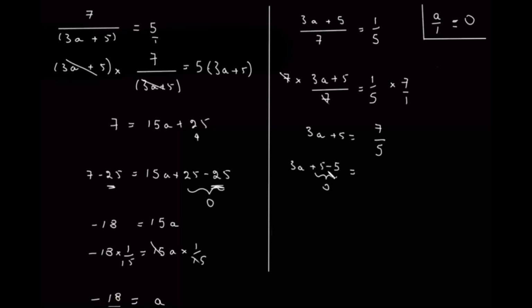Now, because we subtracted 5 from the left, we must subtract 5 from the right. So now we've got 3A equals, now if I do this here, all over the 5, there's the 7, there's the minus, 5 5s are 25, we end up with 3A equals minus 18 over 5.